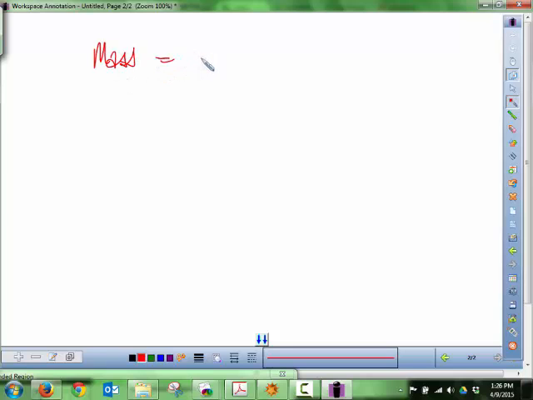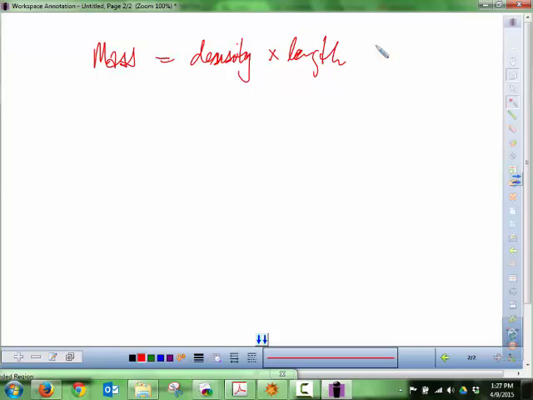Mass equals density times, we studied length. Density times length was a popular one that you studied in Calc 2, and density times area, and density times volume.